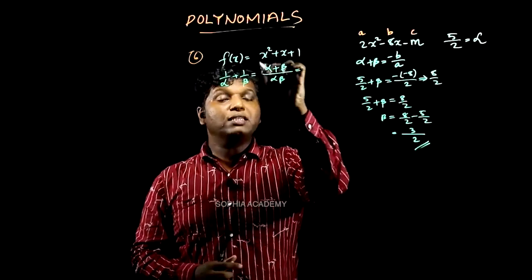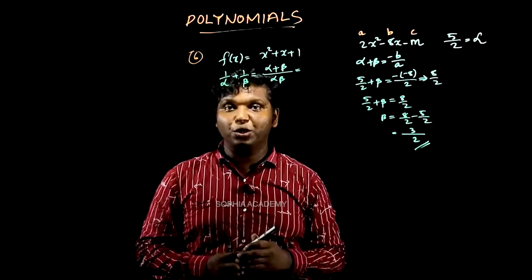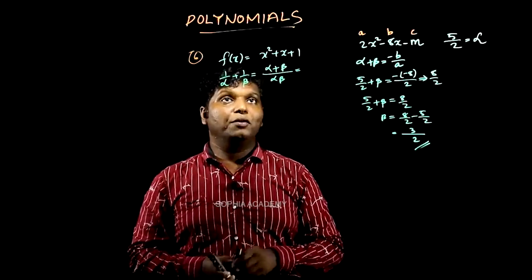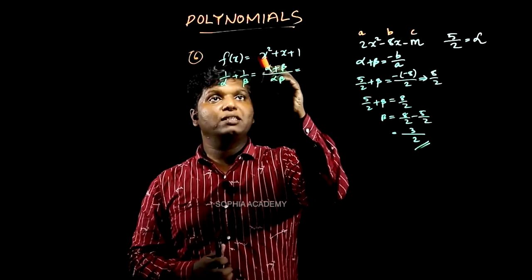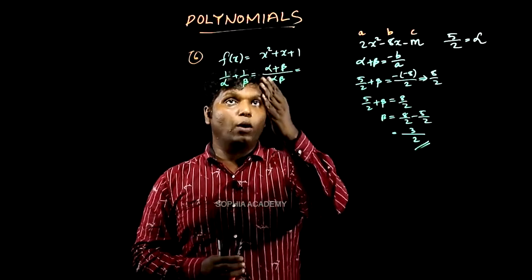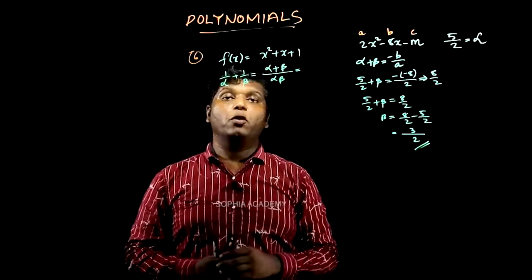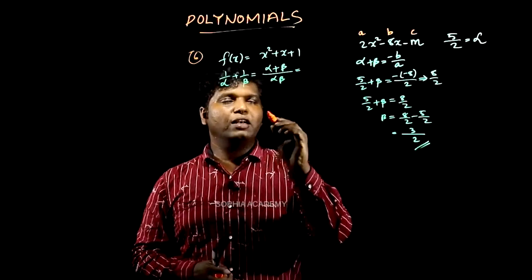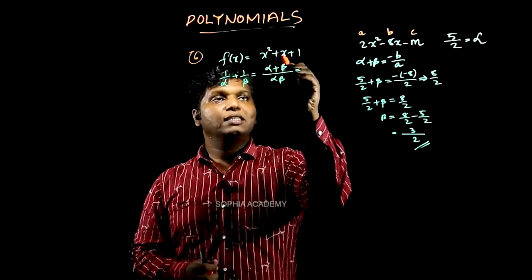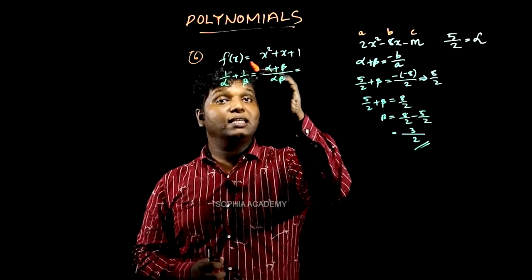When you are seeing a polynomial, earlier I mentioned that if it is a quadratic equation and the very first coefficient is 1, then definitely we can say this is the general form.